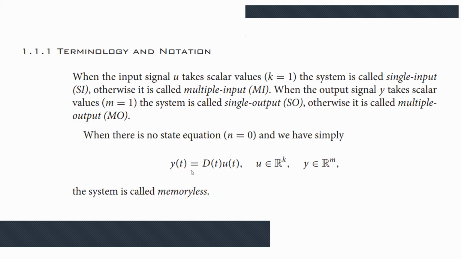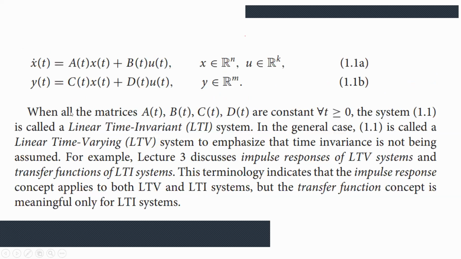So in that case, we have a system which is called memoryless. Again, the both equations. अब थोड़ा सा एक्सप्लेन कर रहे हैं A, B, C और D को. और इसी तरीके से लीनियर टाइम वेरिएंट और लीनियर टाइम इनवेरिएंट सिस्टम्स की बात करते हैं.